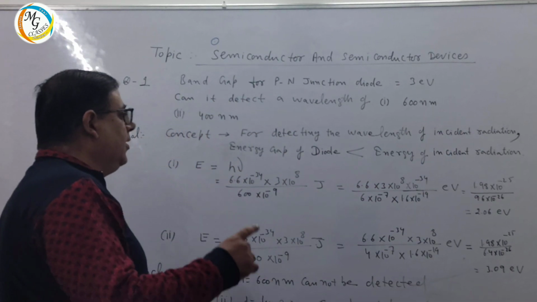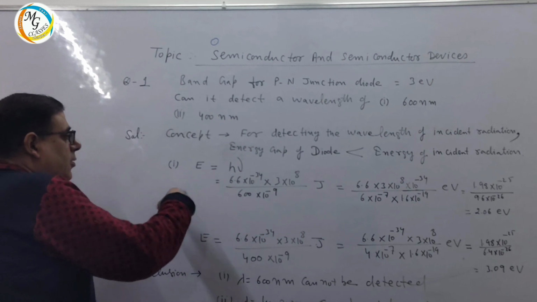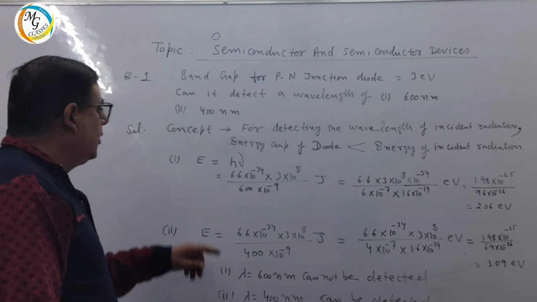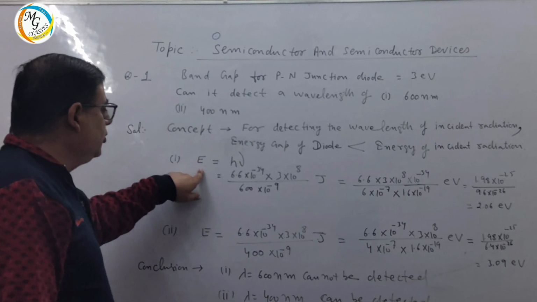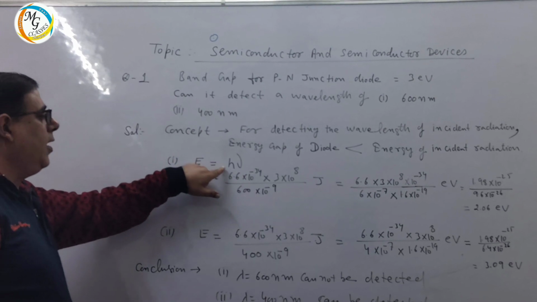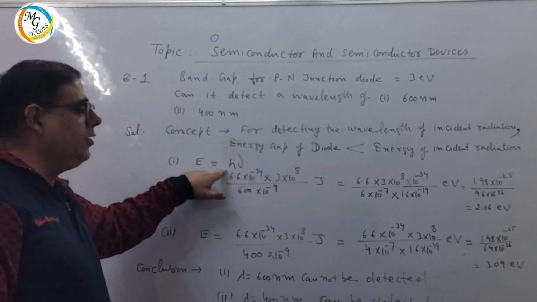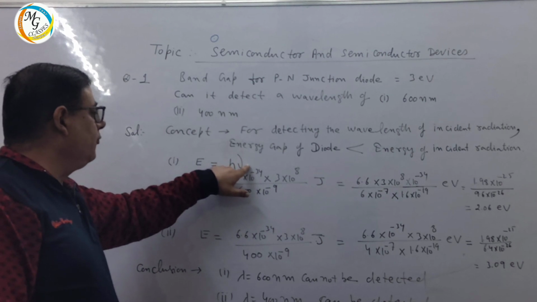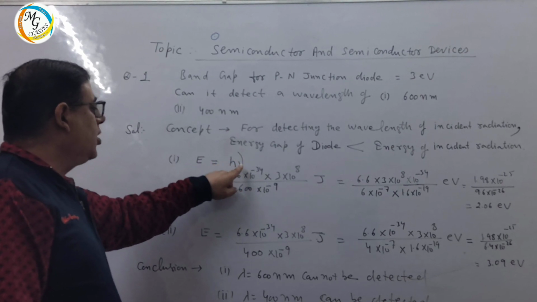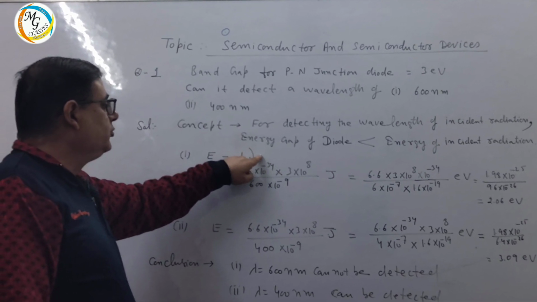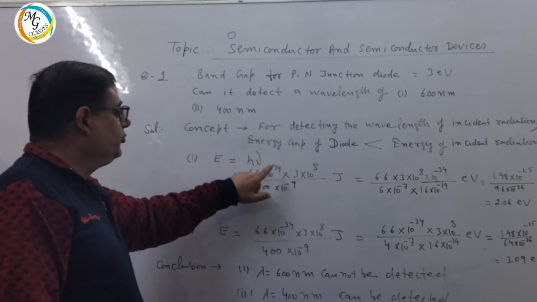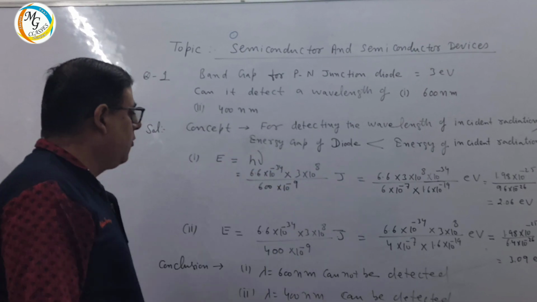The energy of the incident radiation, which is obviously a photon, can be calculated by using the formula E equal to h into nu, where h stands for Planck's constant and nu is the frequency of incident radiation, which can be further expressed as c upon lambda. C means speed of light.